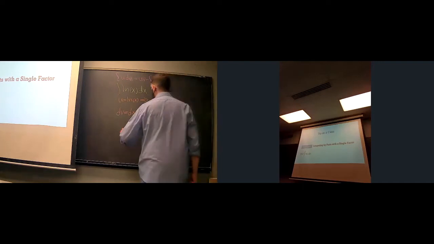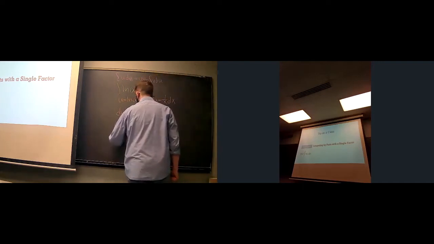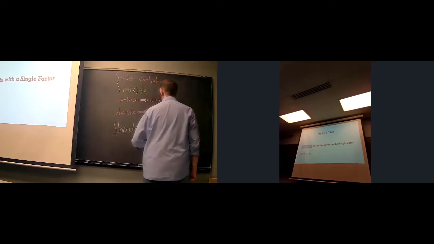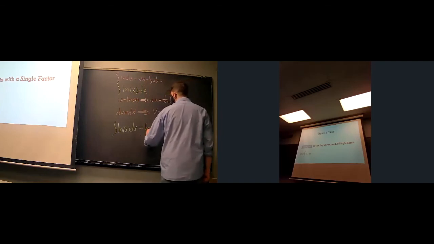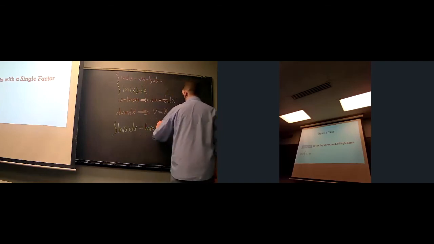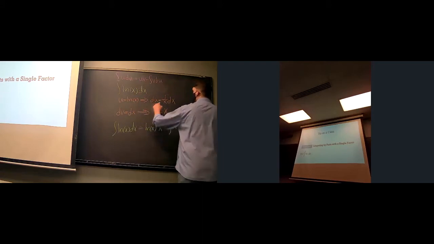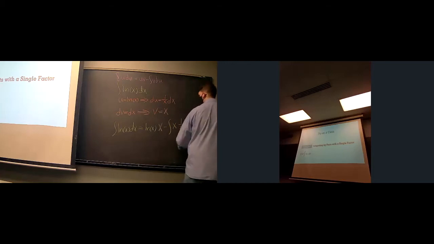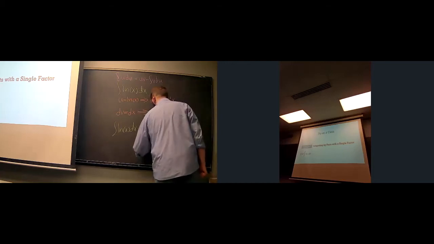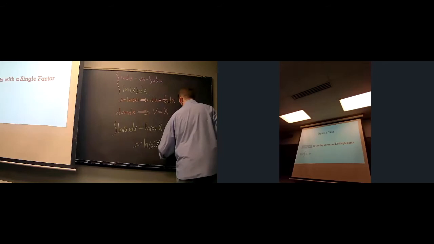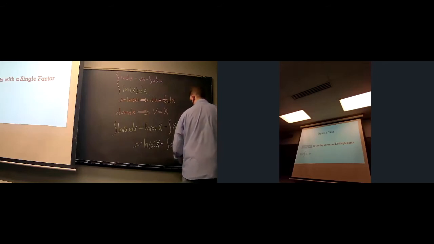Putting this all together now, the integral of ln of x dx is equal to ln of x times x minus the integral of v, that was x, du, 1 over x dx, or ln of x times x minus the integral of dx.